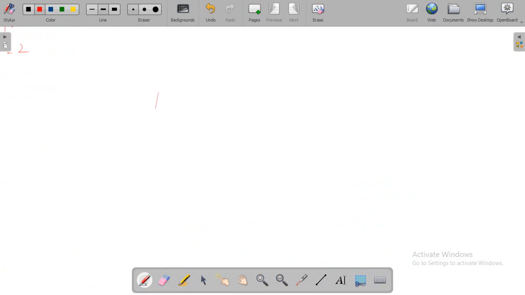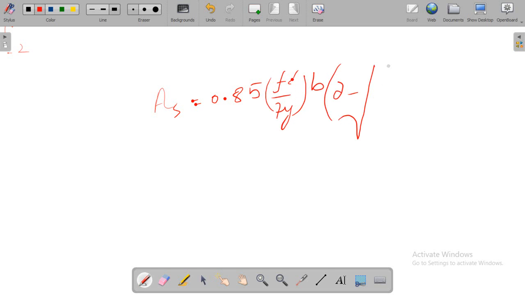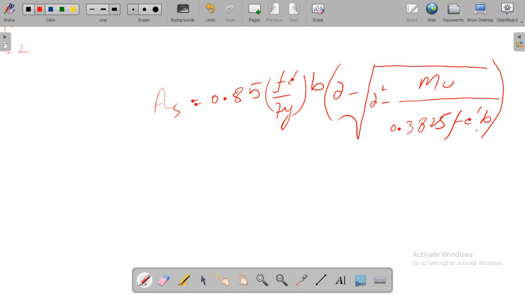We will derive the equation for area of steel, that is A_s is equals to 0.85 fc prime divided by fy into b, bracket d minus square root d square minus mu divided by 0.3825 fc prime into b, bracket close.